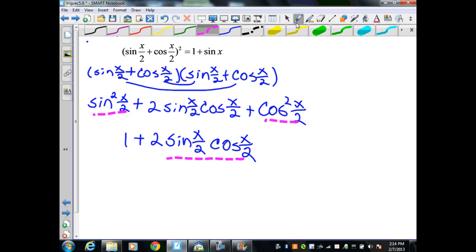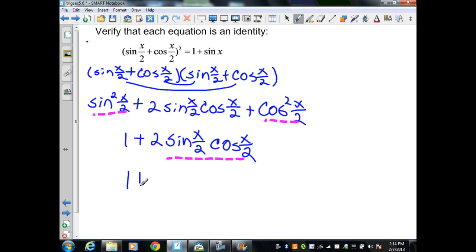Therefore, what I can do is substitute the double angle identity. So that gives me 1 plus sine 2 times theta, which is x over 2. Then I can simplify in my parentheses, which is going to give me 1 plus sine of x.